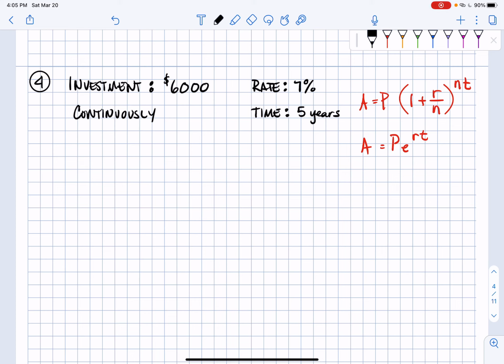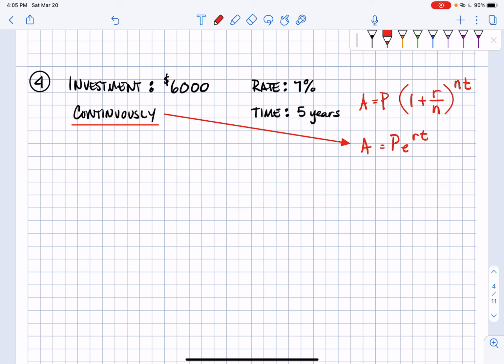But notice that this is saying continuously. Okay? Because it's continuously, it means that I want to use that formula there, that investment one, right? Because the E represents how it's continuous.